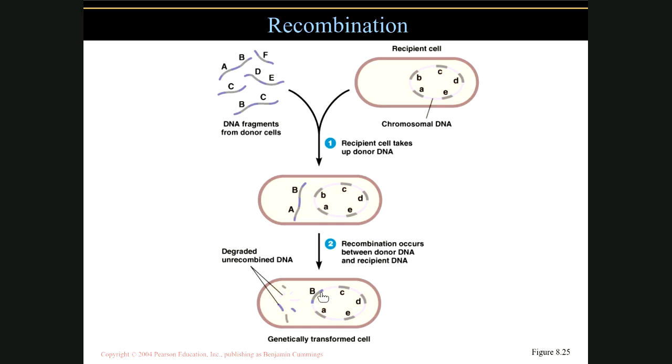It's now part of the bacterial chromosome, and if it codes for a beneficial trait, this cell now has an advantage. It can survive better. So when it reproduces and divides, every daughter cell has a copy of that gene. So this cell has just immediately acquired a new characteristic. It did not have to mutate. It did not have to evolve. Just boom, it's got that characteristic.